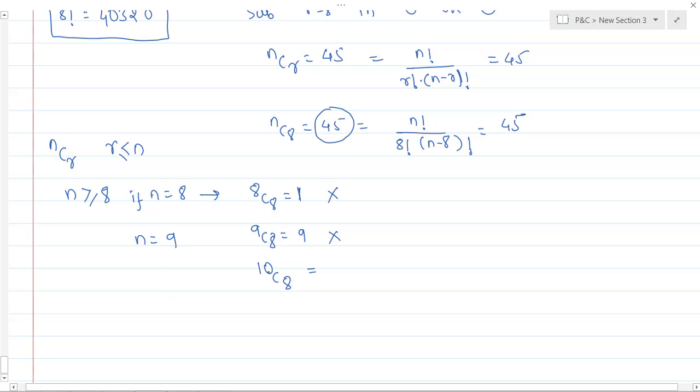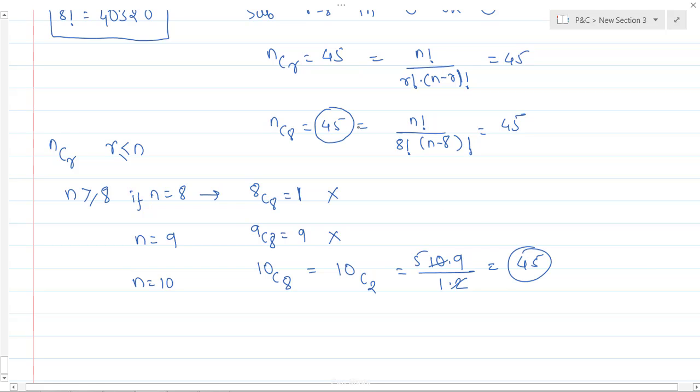So if I take 10C8, means n is equals to 10. See, 10C8 can also be written as 10C2. Property says nCr is equals to nC(n minus r). So 10C2 means 10 into 9 divided by 1 into 2. So this goes 5 times, so 9 5 45. Oh, great, so here my answer has come.